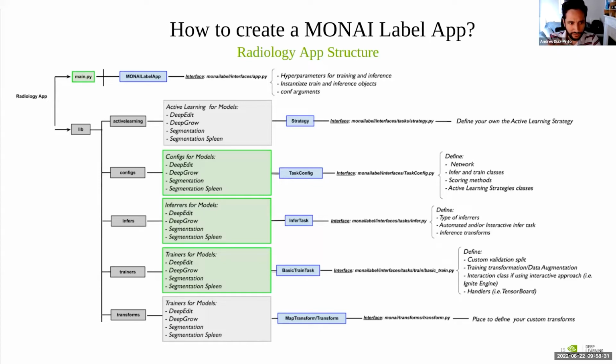So we have the configs, infers, and trainers. In the configs is basically where you define the label names. You remember I mentioned in the beginning, if you want to use a MONAI Label app for different labels, there in the configs is where you define the label names, the network architecture, and the ROI size.